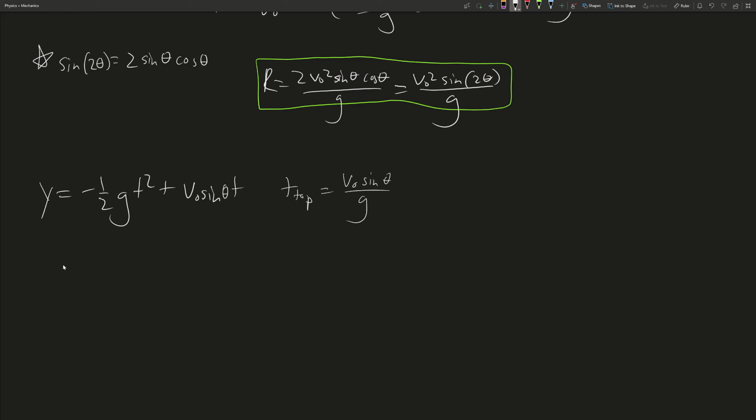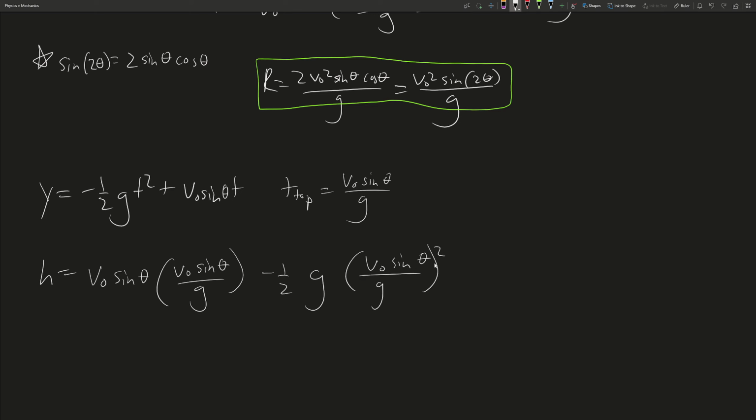Now, plugging this in, the maximum height is equal to, I'm going to rearrange the terms here, v0 sine theta, the second term, times v0 sine theta over g, so this is our substitution, minus 1/2 g times (v0 sine theta over g) squared.